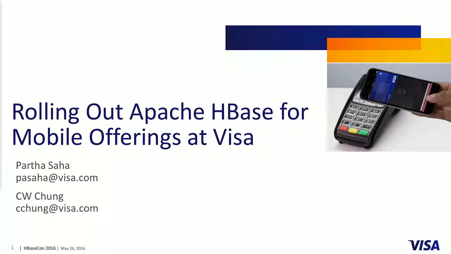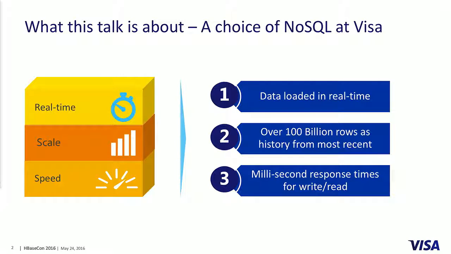So let me start by saying that last year when we came to HBase Con, Visa had no HBase. Or even if there was any HBase, somebody might have done some kind of a proof of concept. But definitely there was no Visa HBase in production.